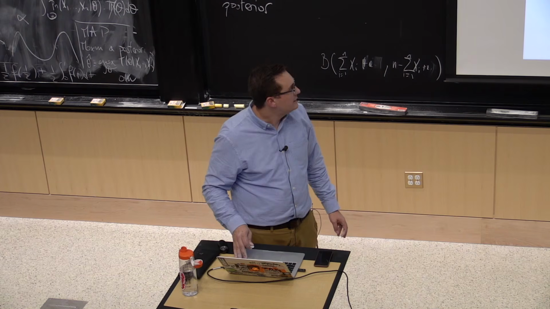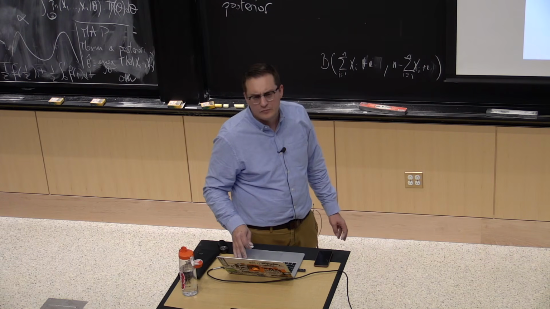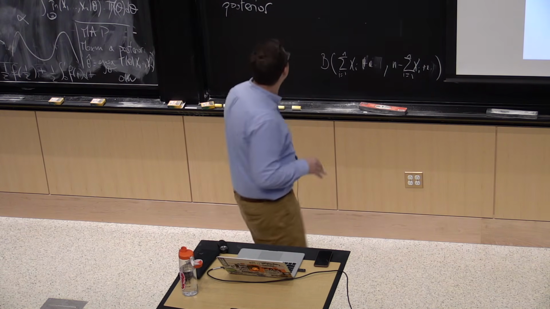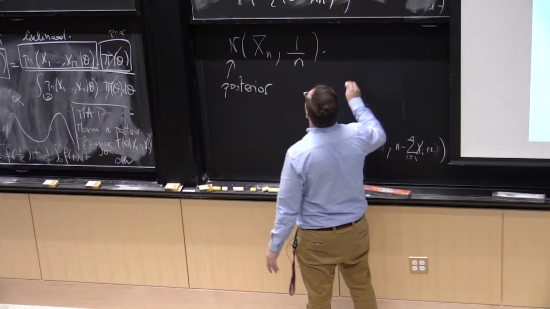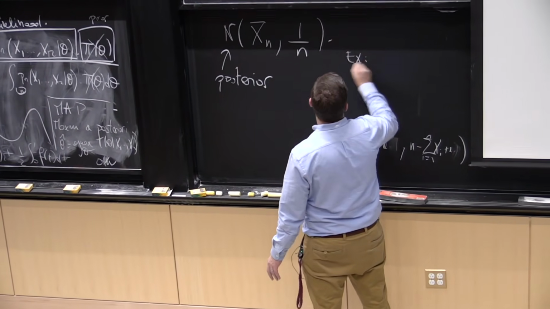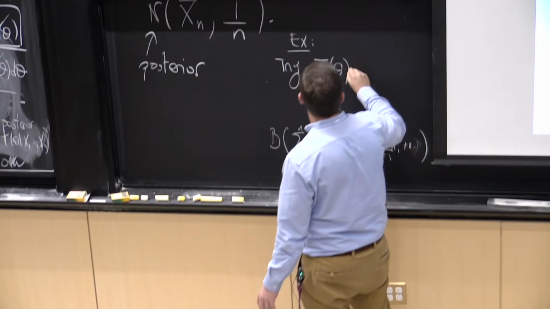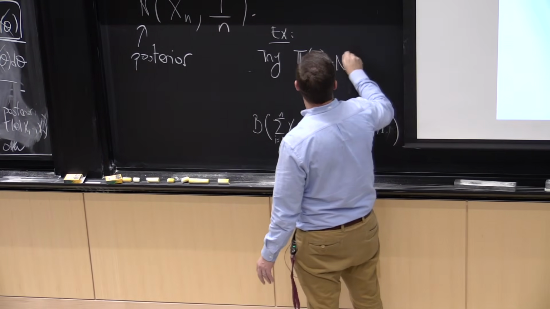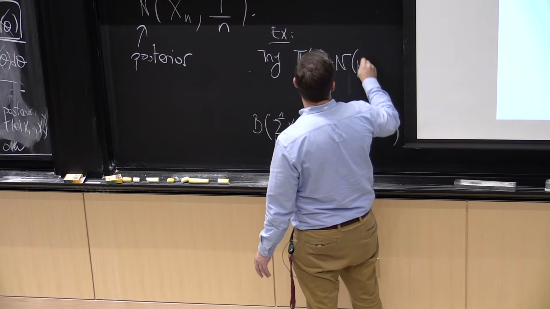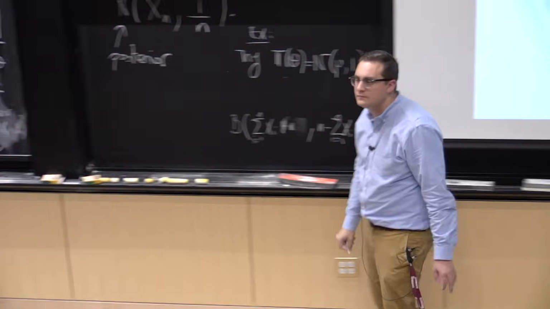So as an exercise, well, you probably will have it, but I would recommend, if you don't get it, just try pi of theta to be equal to some N(mu, 1).